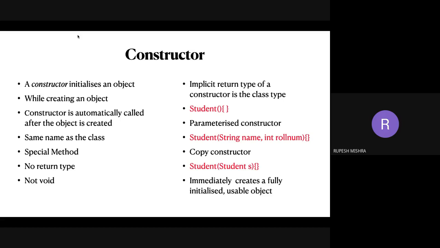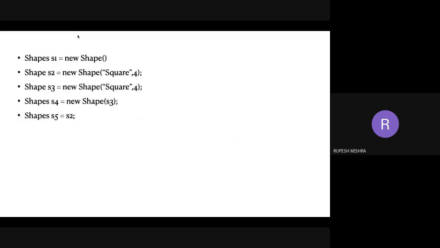What is the advantage of a constructor? We get an object which is ready to use. We just create it and the next step we can use this object. So this is how you saw the changes happening.